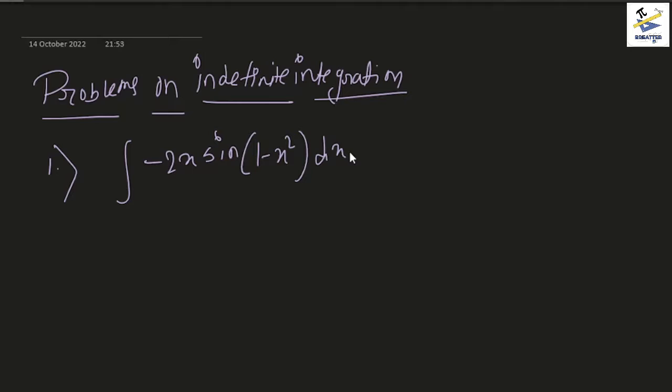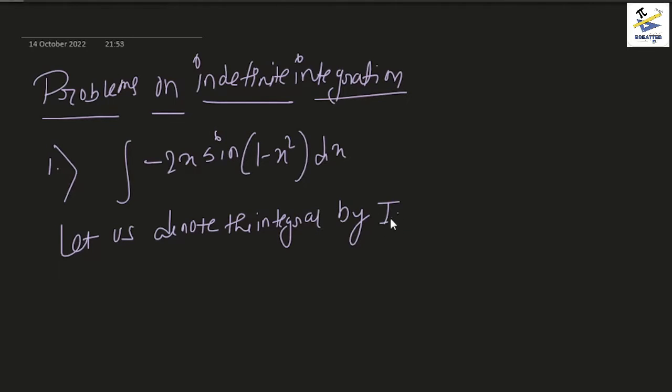Okay, so firstly let us denote the integral by I, as usual. So I is basically the integral of minus 2x into sine of 1 minus x square dx.